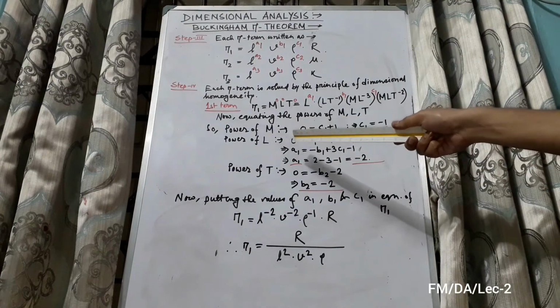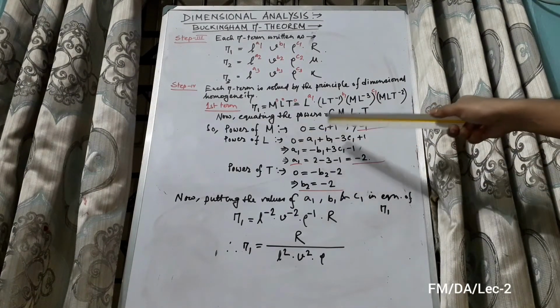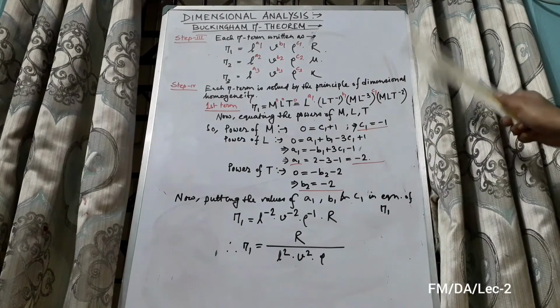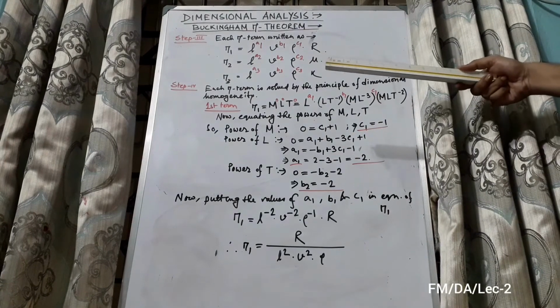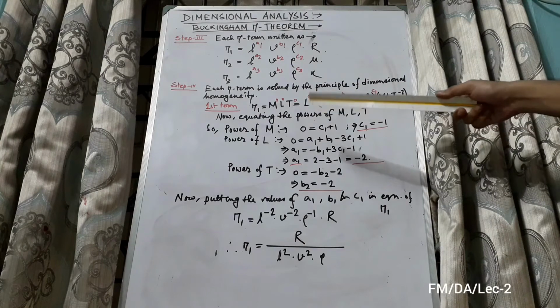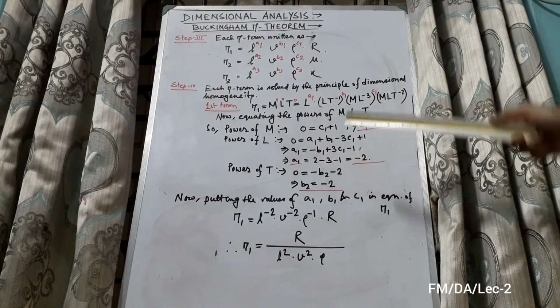So in this equation 0 equals A1 plus B1 minus 3C1 plus 1. From this equation we derive that the value of A1 becomes minus 2.